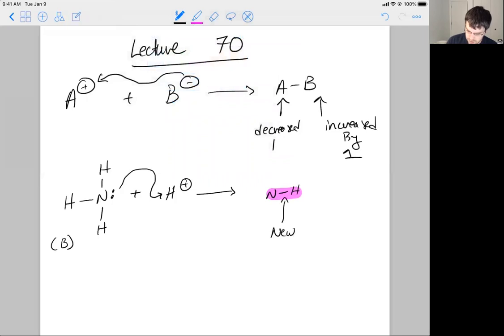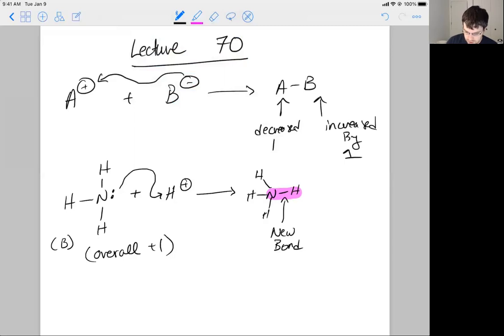And the new bond has 2 electrons, just as any covalent bond does. The source of those 2 electrons was the lone pair of electrons from the nitrogen atom. The nitrogen took with it the 3 hydrogen atoms that it started with, and now we have this molecule. You'll notice, though, that we have an overall +1 charge on the left side, and we need to have a balance of charges as we move from one side of the reaction, the starting materials, into the products.